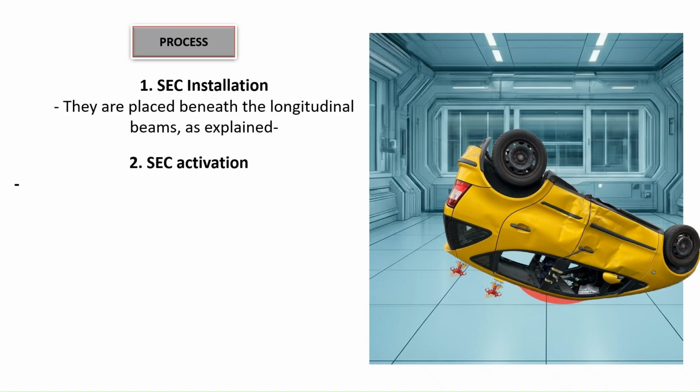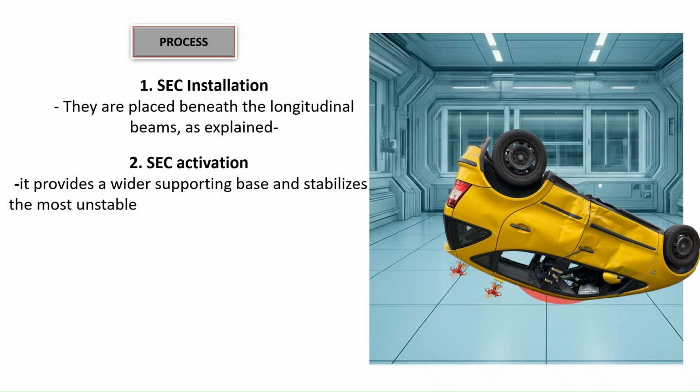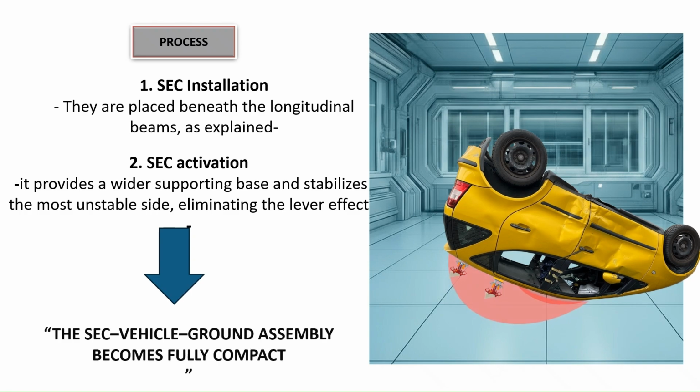Installing and activating the device in this stabilization creates a larger support base that stabilizes the unstable side of the vehicle and eliminates the lever effect. The SEC, vehicle, and ground form a rigid, compact assembly.